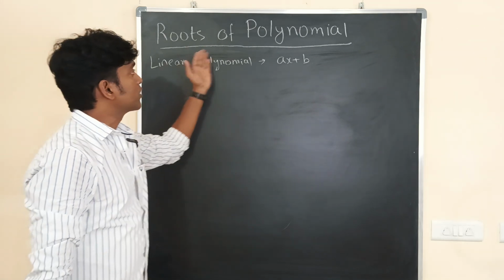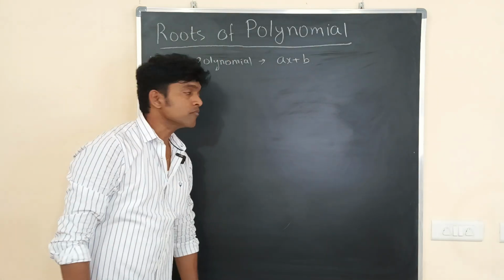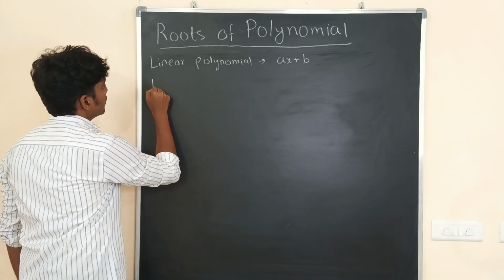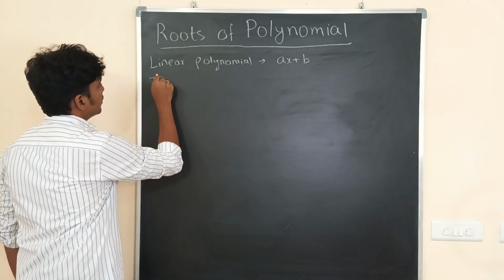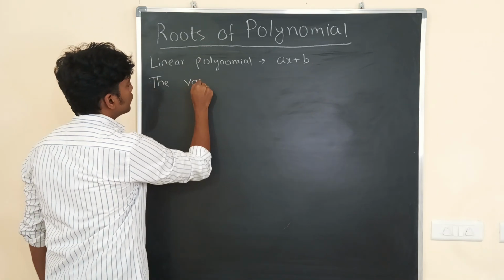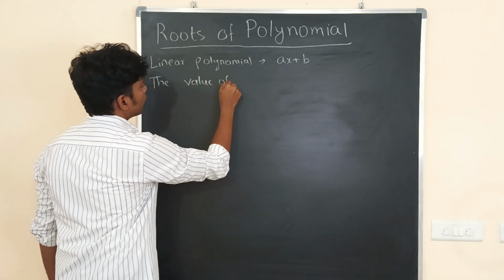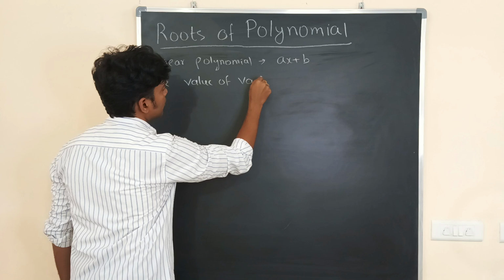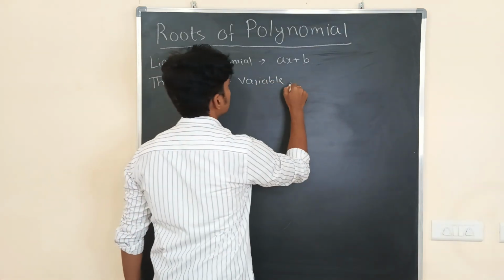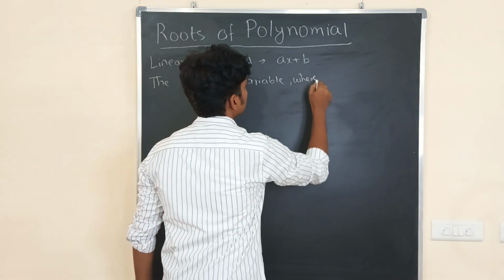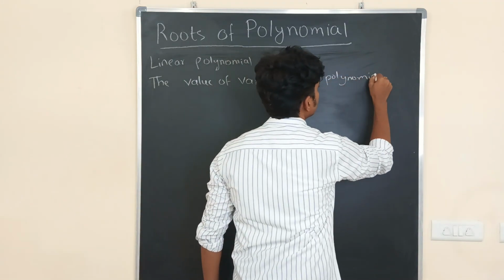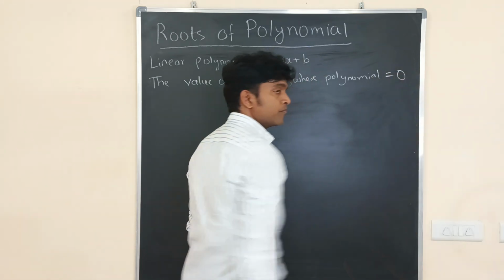Now, what is the root of a polynomial? The root of a polynomial is the value of the variable where the polynomial will be 0.